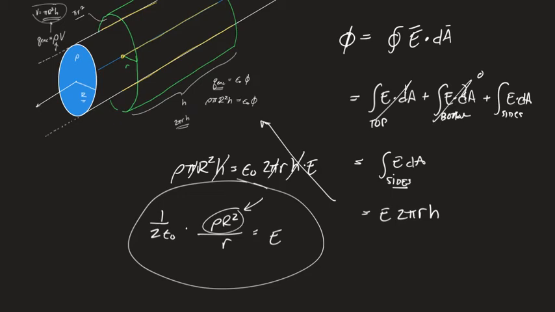The issue comes down to what happens when we look at a Gaussian surface that is inside here, like that. So we are inside the cylinder. So what we're looking at is what happens when we are inside the cylinder.